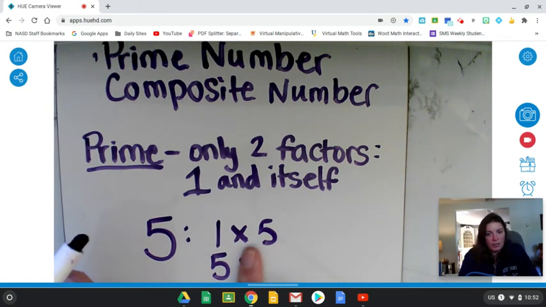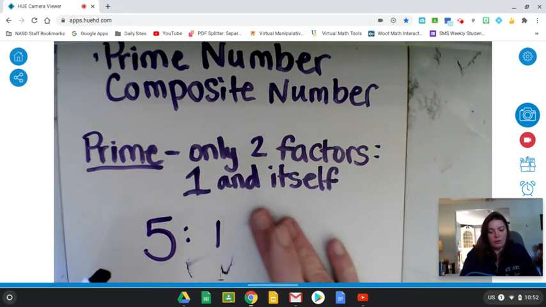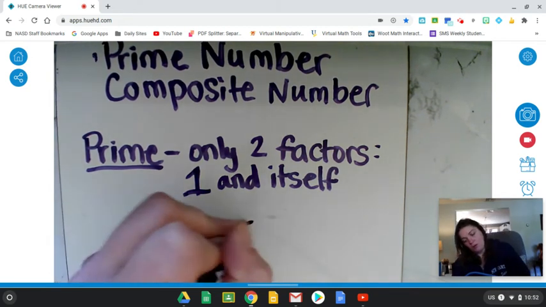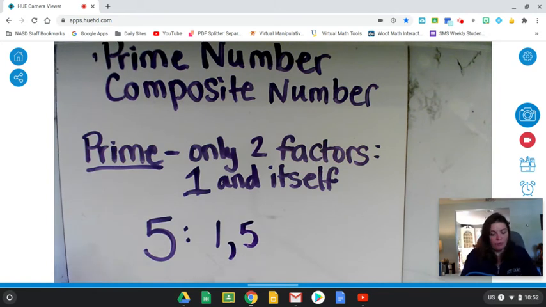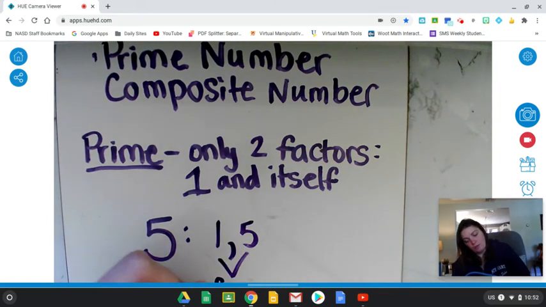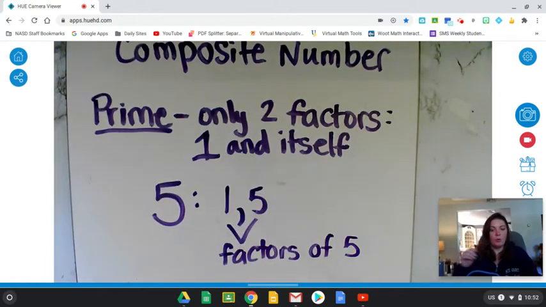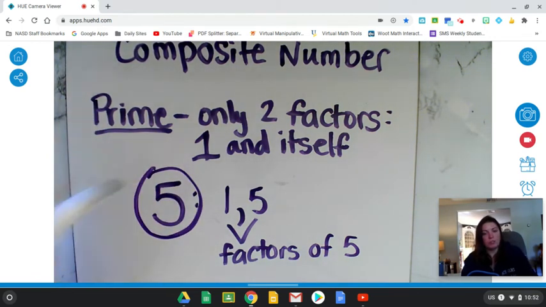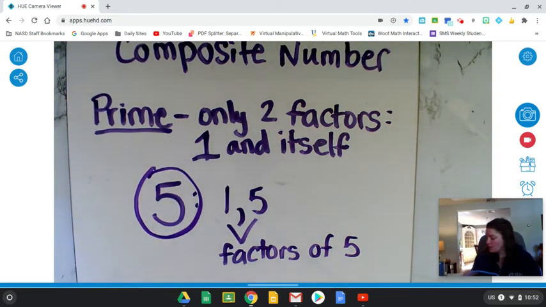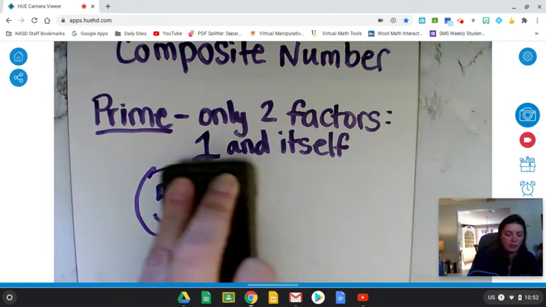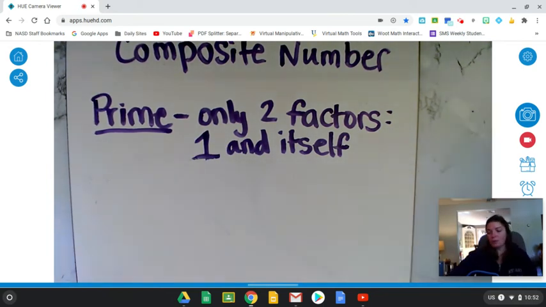So if 1 and 5 are the only whole number factors that we can multiply to get 5, that means 5 is prime.